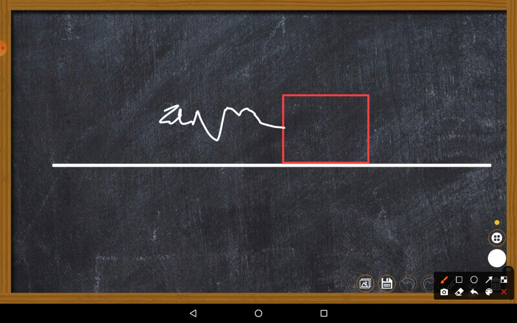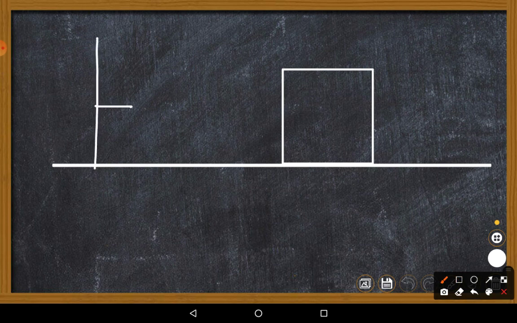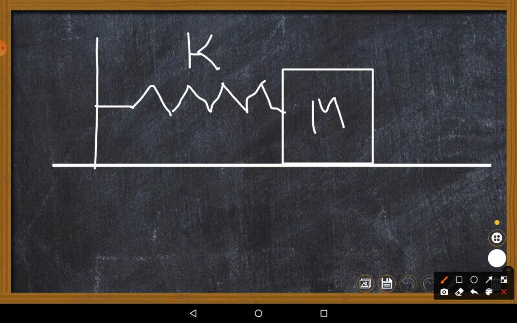Suppose there is a rigid support and some kind of spring is attached. The spring has stiffness constant or spring constant K. This block has mass M. Now I assume it is concentrated at the center of the block while it moves. So it is moving like this, in this direction.